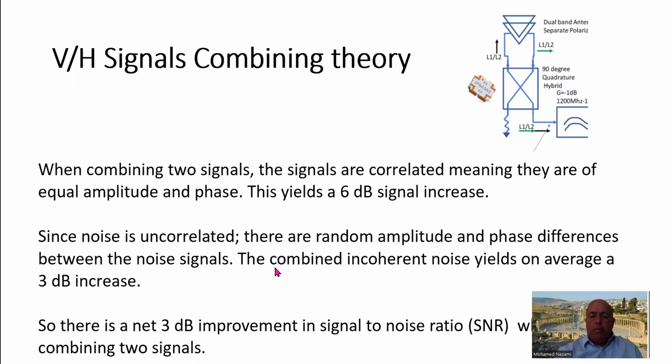However, the noise associated with the feeds, which are assumed to be hopefully equal but non-coherent, because they're thermal noise and completely random in phase and amplitude, combines on an average basis, and you end up with a square root of something, and that gets you a 3 dB increase only.